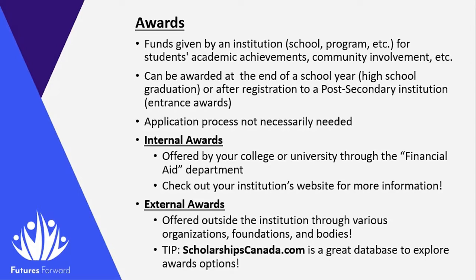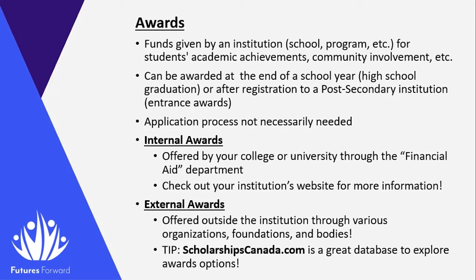Or if you apply early enough to school, you could be entered to receive an entrance award from that university or college. And these can be based on your academic achievements or any of those extracurriculars that you've done. They also have different types of awards. So they have an internal award, which is offered by your college or university through the financial aid department.